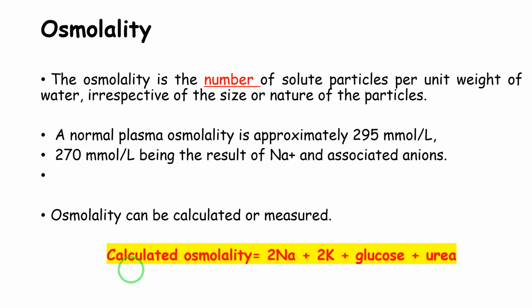The reason why we multiply each of the sodium and potassium by 2 is to double for the associated anion, for example, the chloride with these cations.